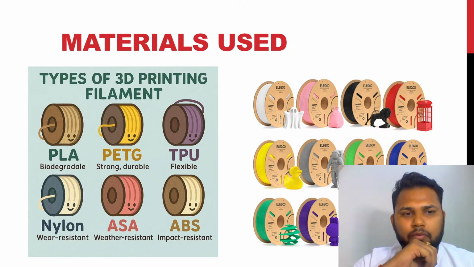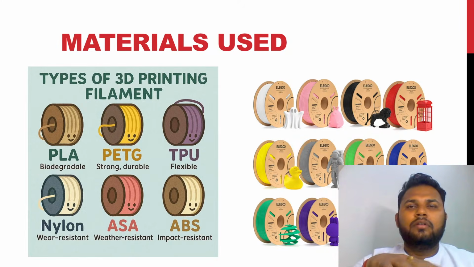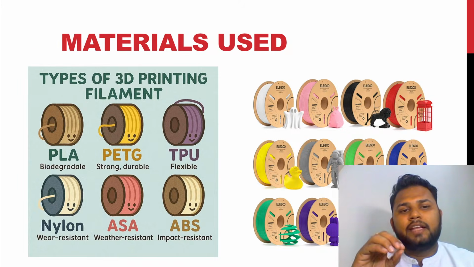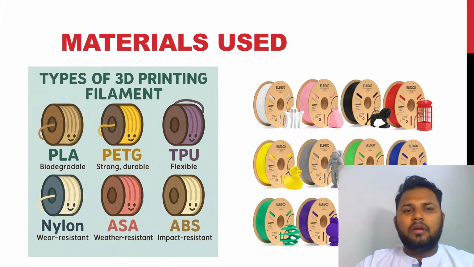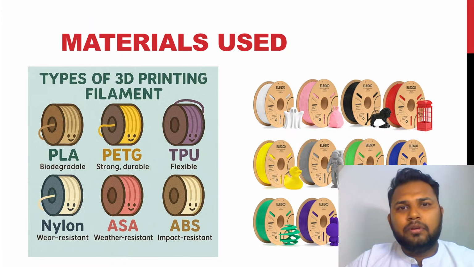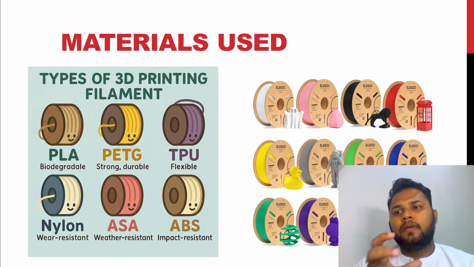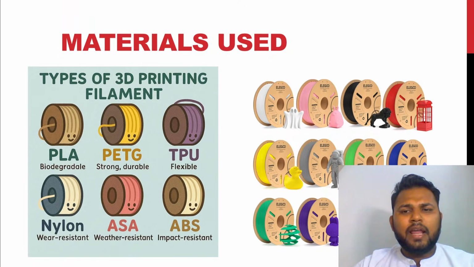So PLA is not the material that you can use for actual products. PETG is okay, that is a bit strong and durable, it's written here, but still people do not use it for actual use, like for mobile design and all other things.